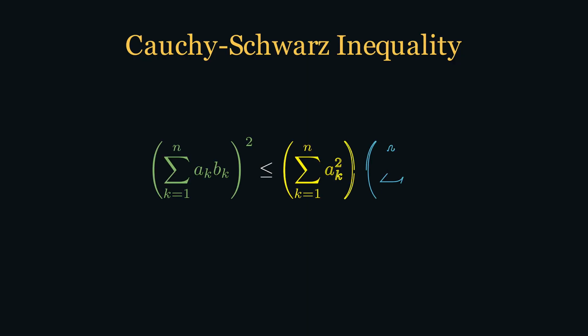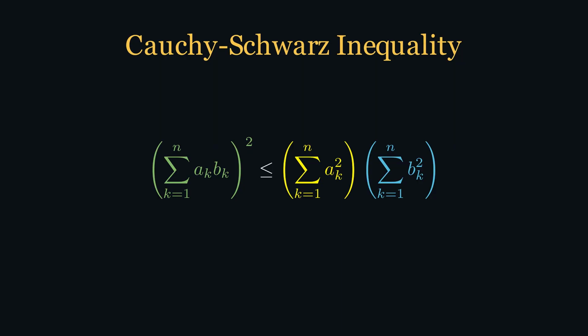Another inequality that appears everywhere in analysis, linear algebra, probability, and physics is Cauchy-Schwarz. I consider it one of the most useful inequalities you'll ever learn. If A sub 1 through A sub n and B sub 1 through B sub n are any real numbers, then the square of the sum of A sub k B sub k is less than or equal to the sum of A sub k squared times the sum of B sub k squared.